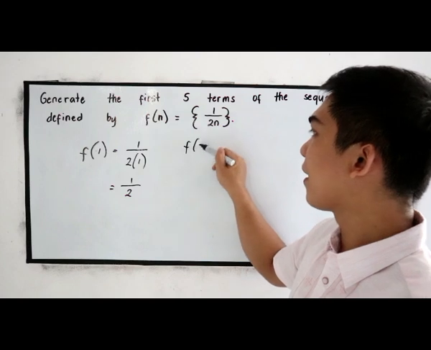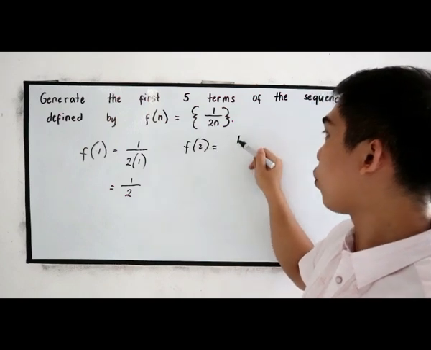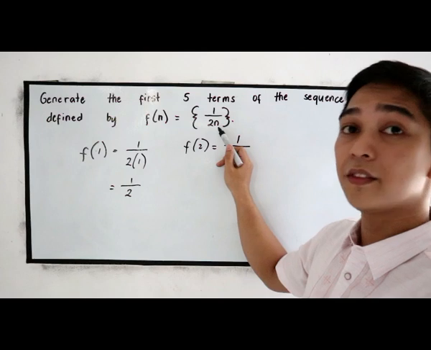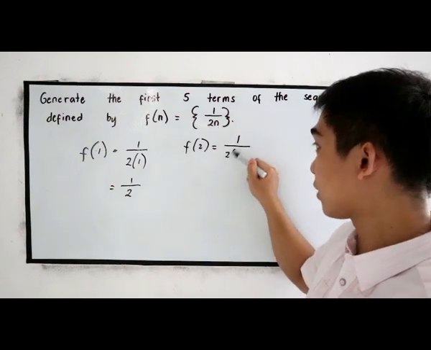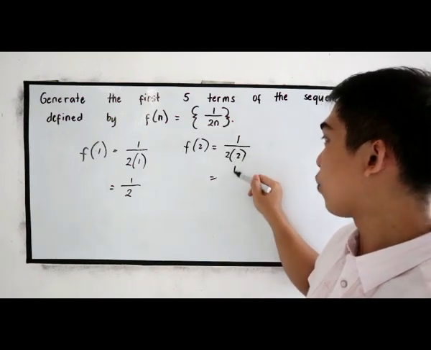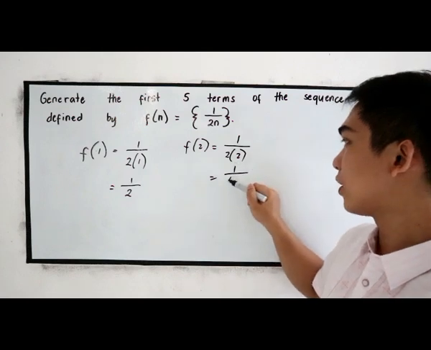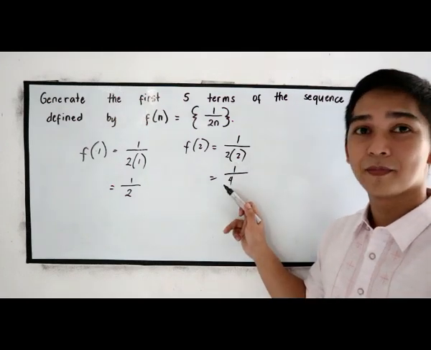Next, f of 2, 1 over, change n to 2. 1 over 2 times 2, which is 1 over 4.